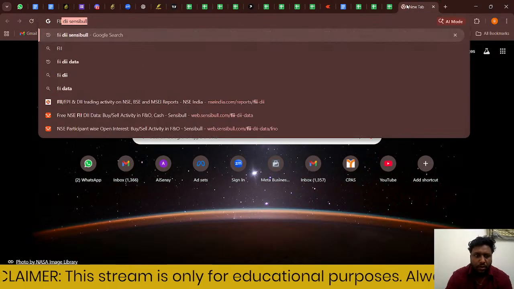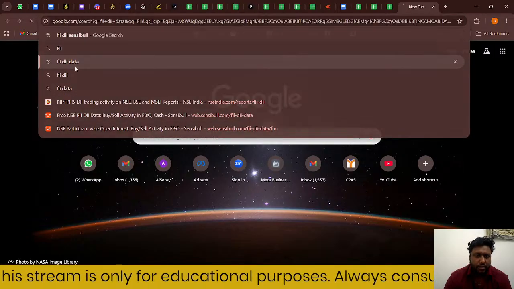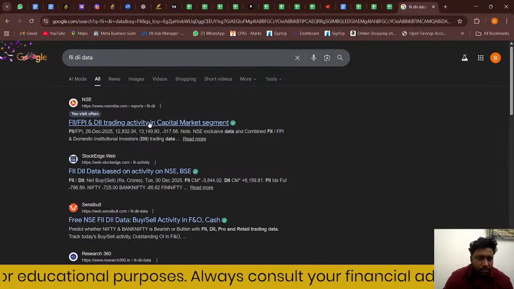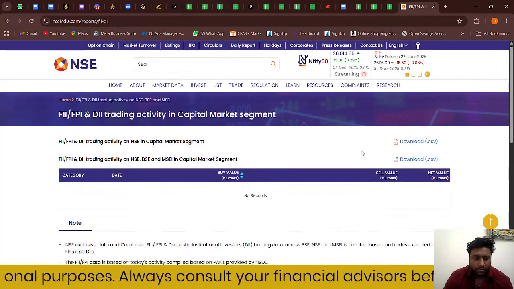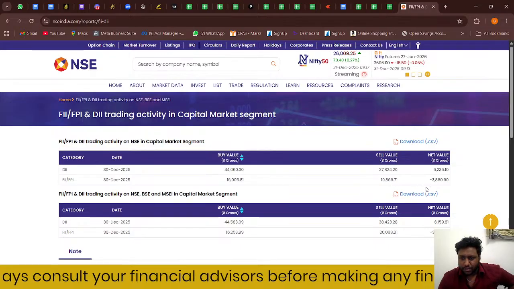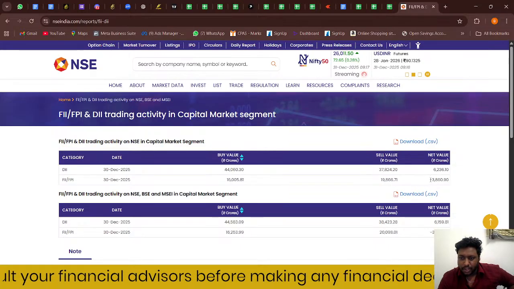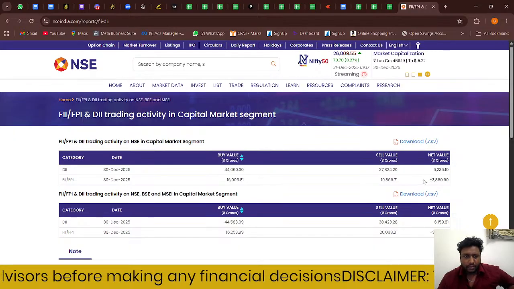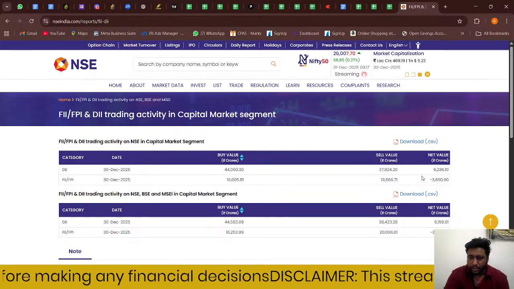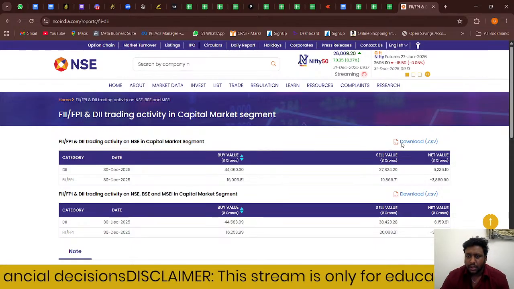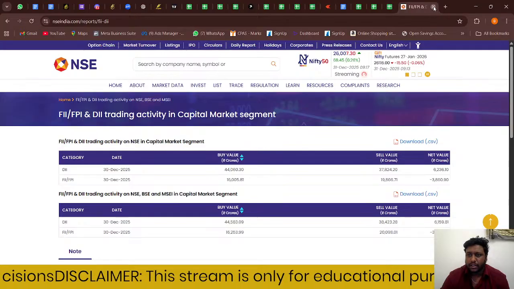We'll take a quick look at yesterday's FII data. FII sold nearly 4,000 crores, which is a little higher than the previous days, and DII also added nearly 6,200 to 6,300 crores to the cash market.